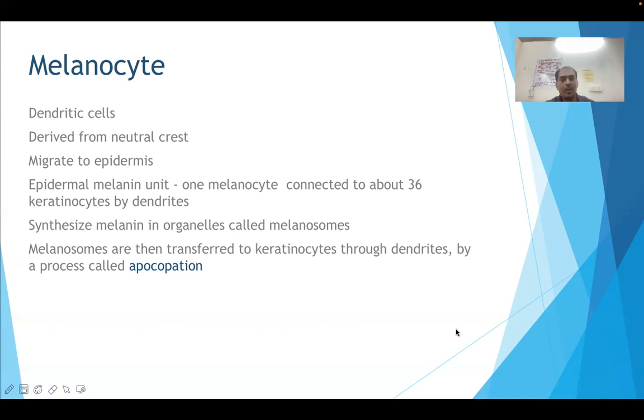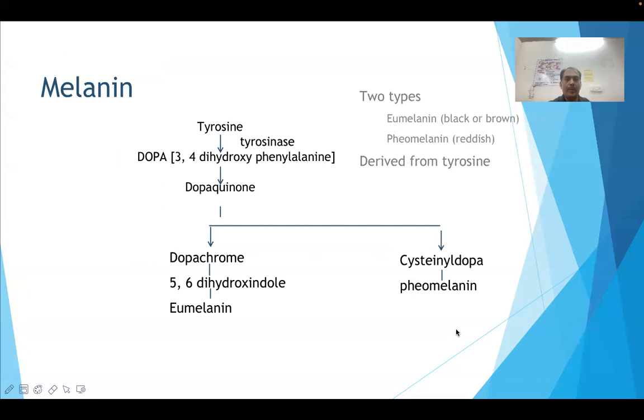Melanin is synthesized in organelles called melanosomes, and these melanosomes are then transferred to keratinocytes through dendrites by a process called apocrine secretion. It is a process wherein part of the two membranes fuse together and the melanin is transferred from melanocytes to the keratinocytes.